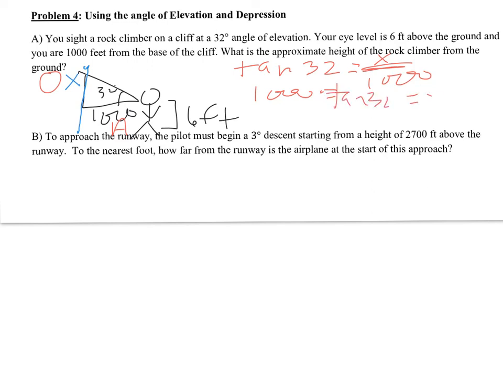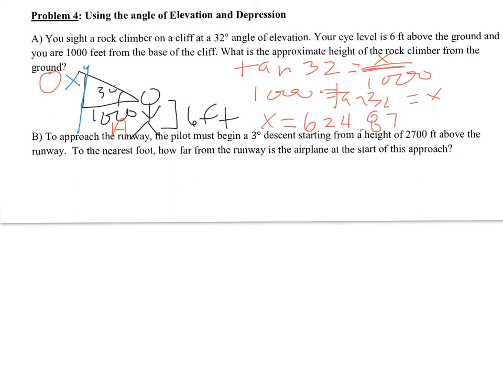So I would take 1,000 times tan 32, and I would get that x is equal to 624.87. And if that was your final answer, you'd be wrong.